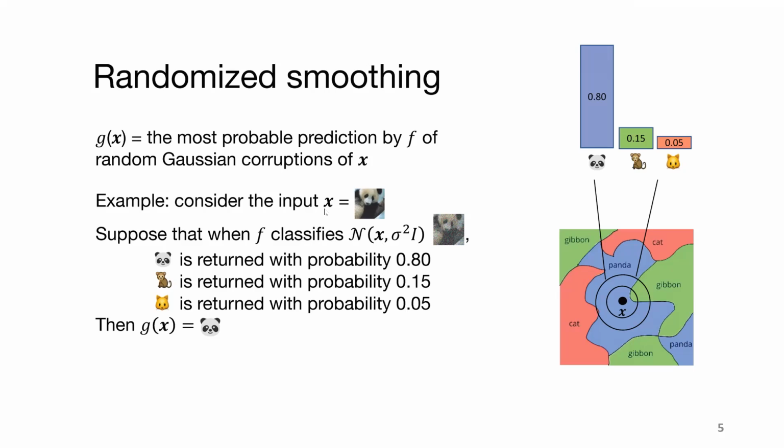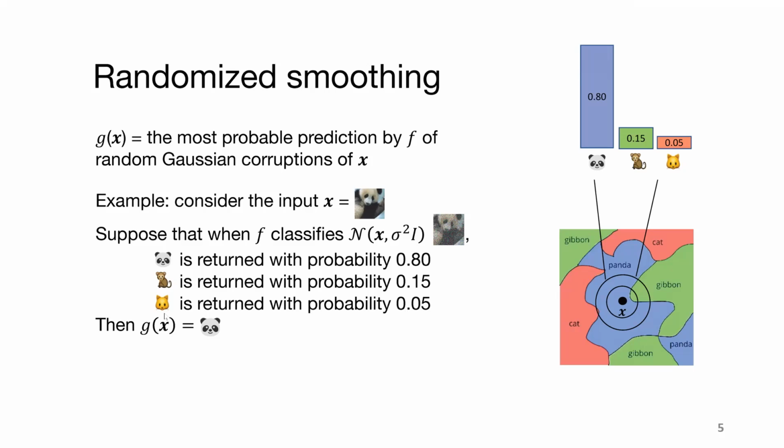We query this X with random noise many times, and finally we can get the probability. This time we will use the top class as the final prediction. Here panda has the larger probability, so we will label this image as panda.